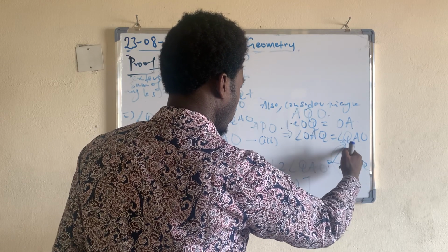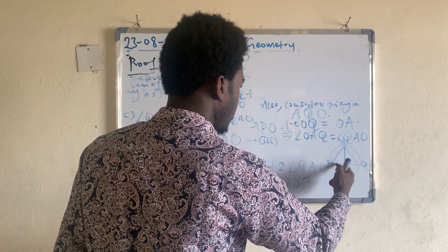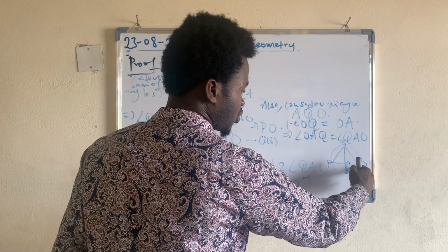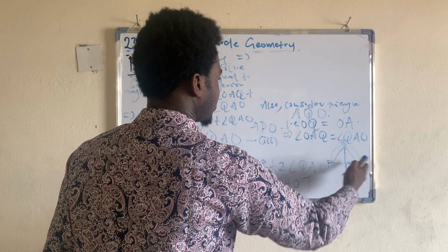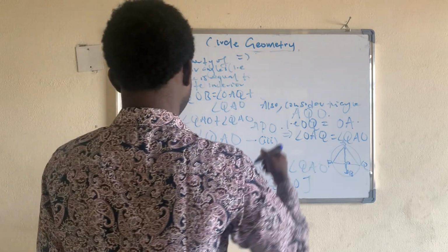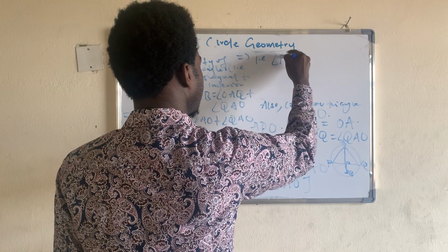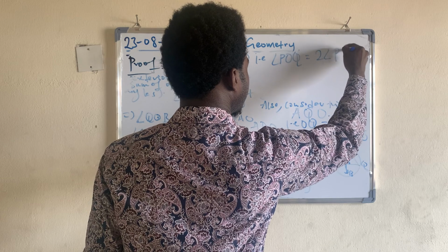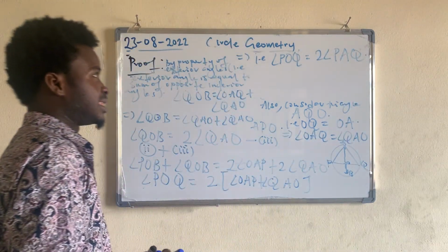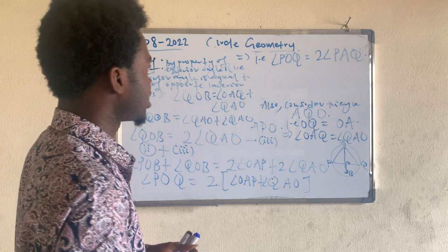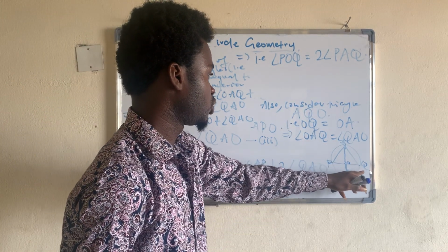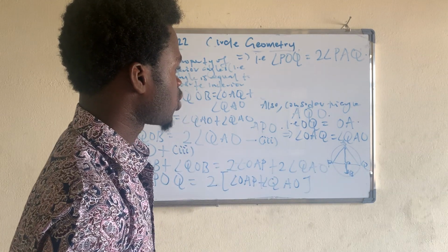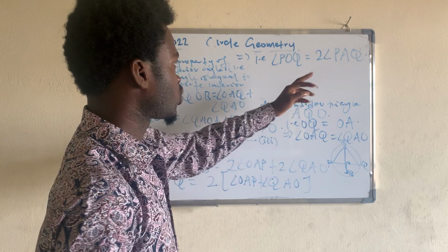So the sum of this angle and this angle make up this PAQ. So angle POQ is equal to twice of angle PAQ. And that is our aim: we want to prove that angle POQ is twice angle PAQ.